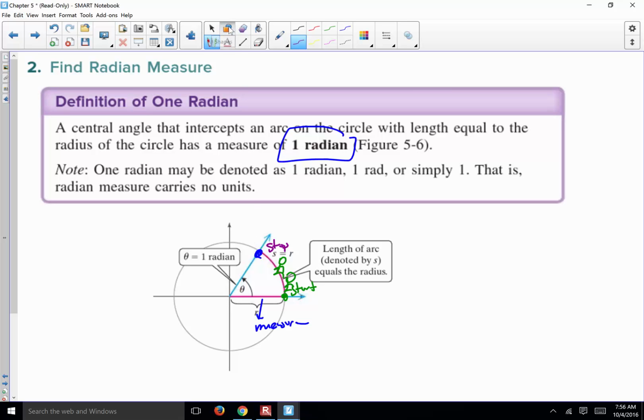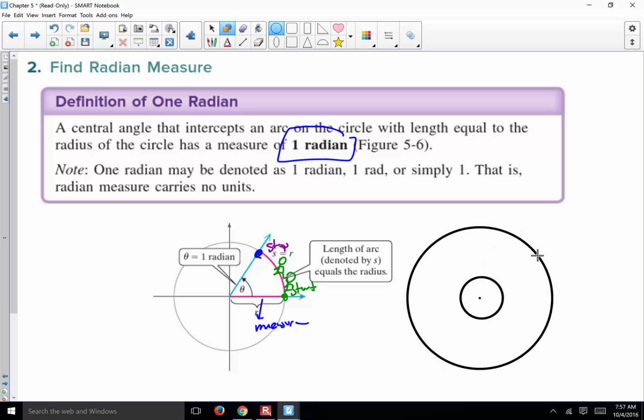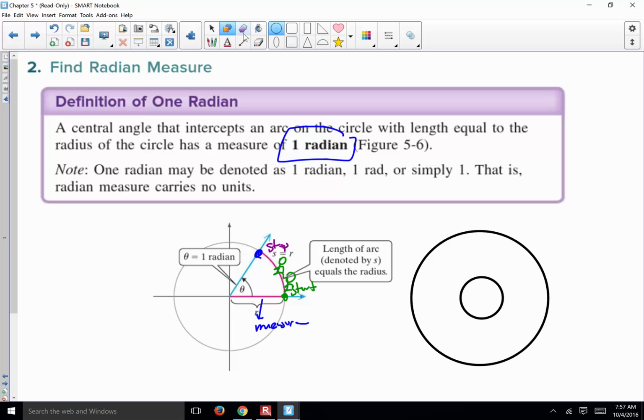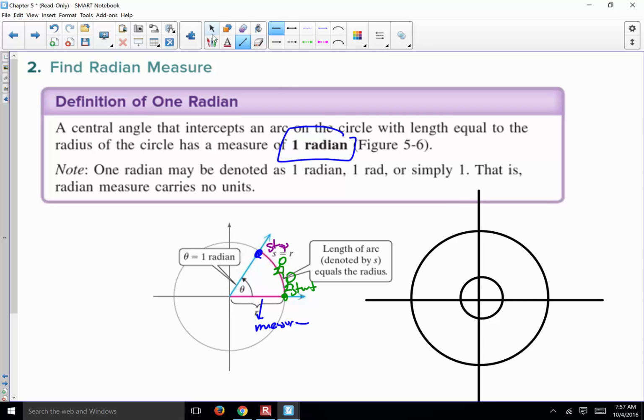So, for example, if you have a smaller size circle or bigger size circle, the measure is still the same. Look, I start here. This is about how much I need to move. I move on this, and I need to go about that distance.